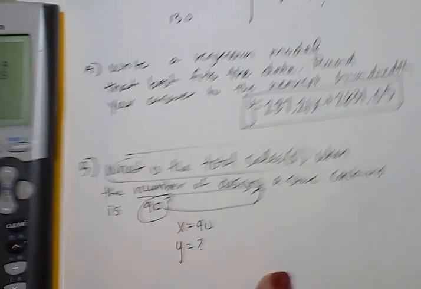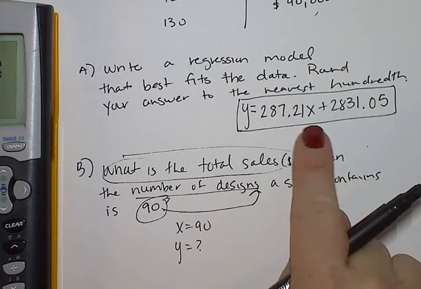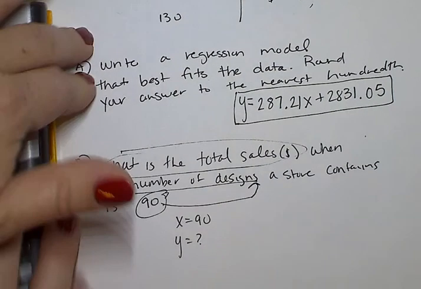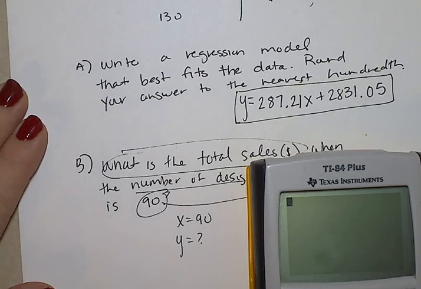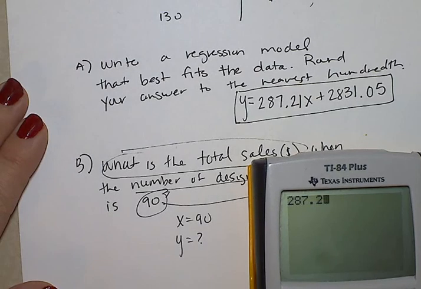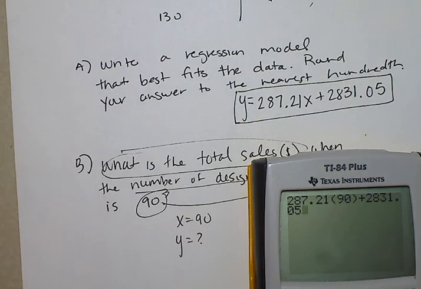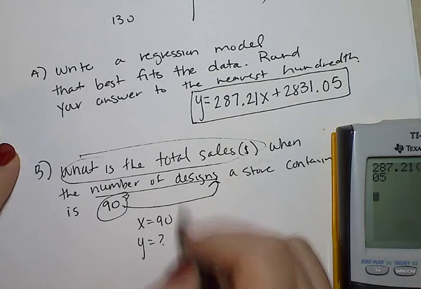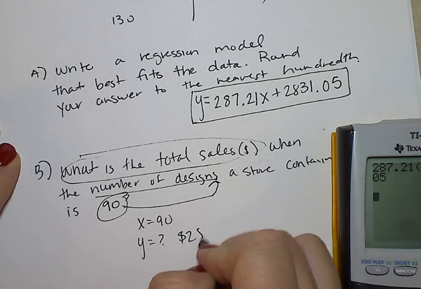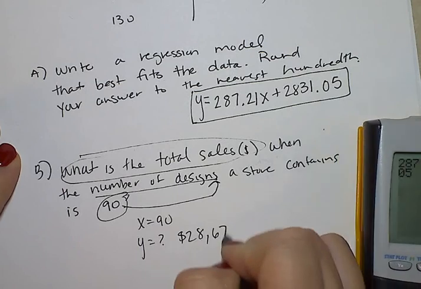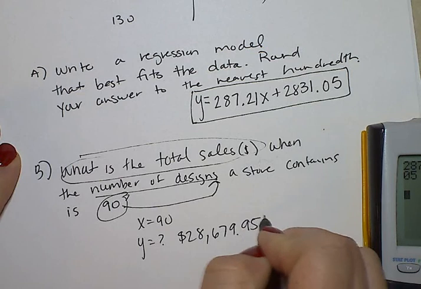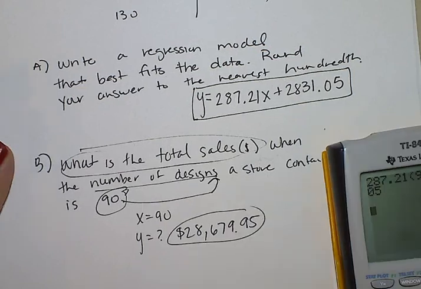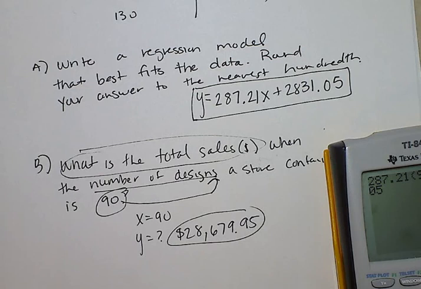So I'm going to take this equation, and wherever I see an x value, I plug in 90. So we can estimate the total sales would be $28,679.95 when there are 90 different designs at a particular store.